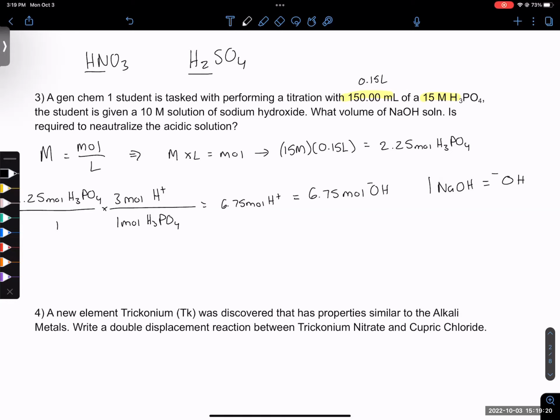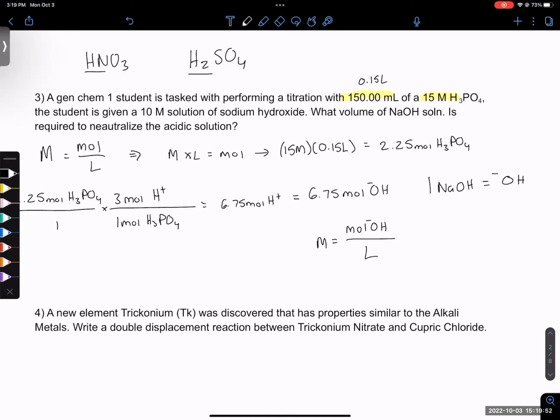For every mole of hydroxide, we have 1 mole of sodium hydroxide, right? Okay. So we want to figure out the liters required of the sodium hydroxide solution. We have all the information we need, right? So based on this fact, we can say that this is equal to the amount of sodium hydroxide we have in solution, okay?